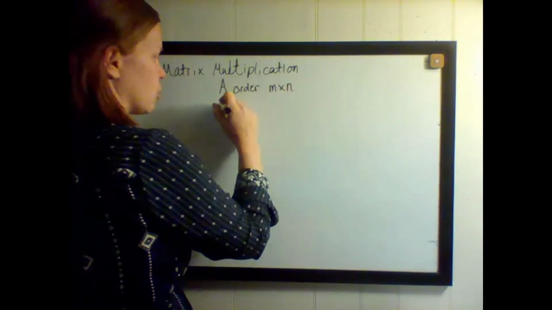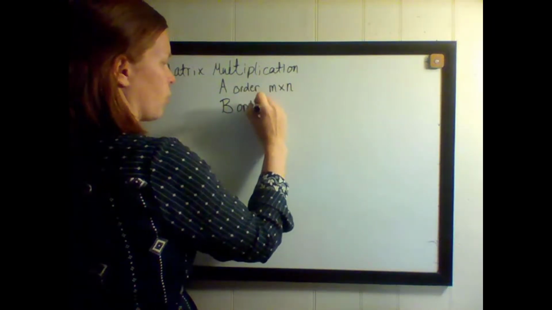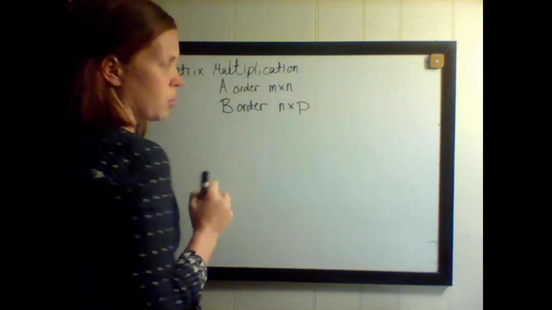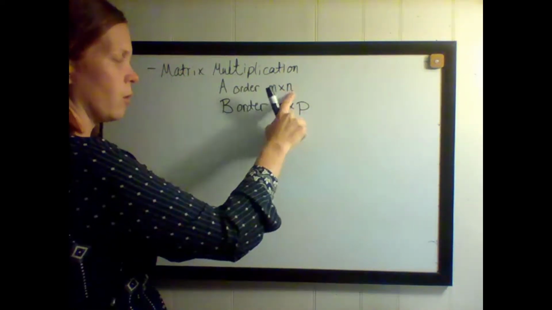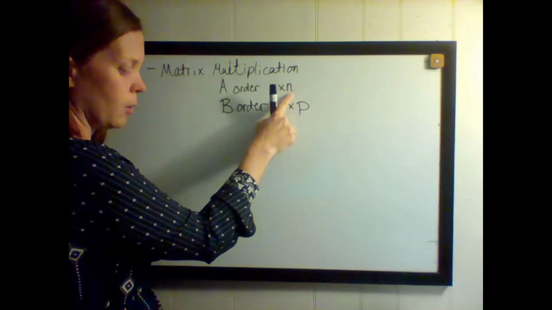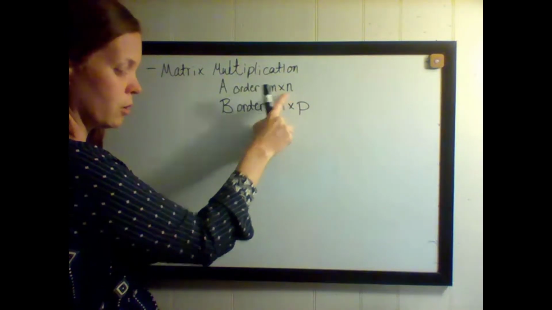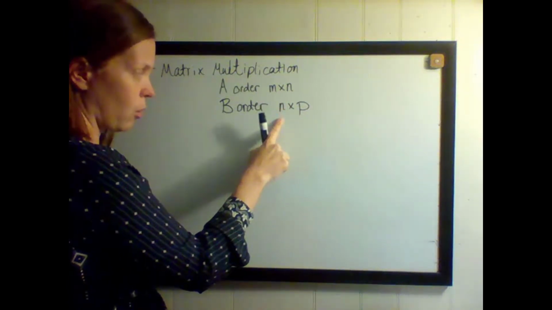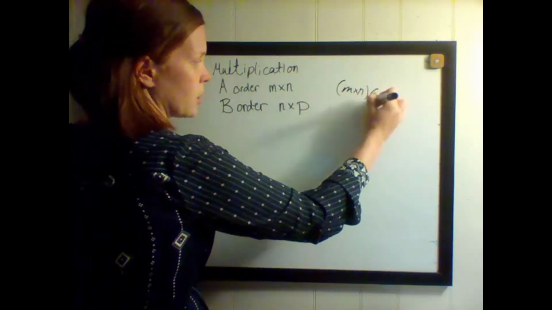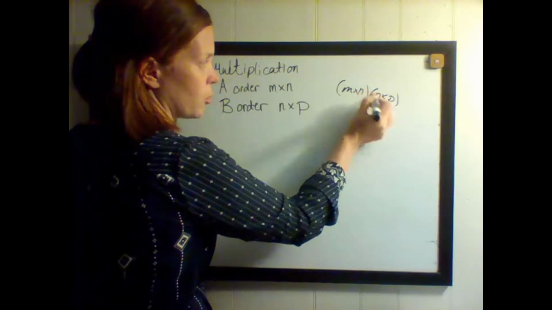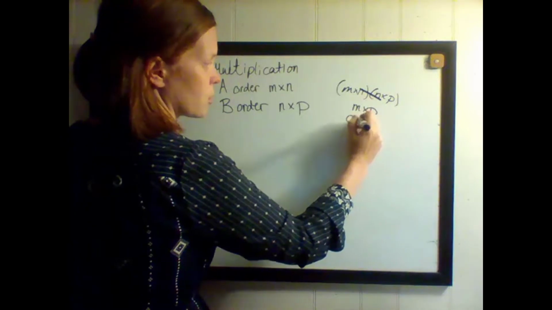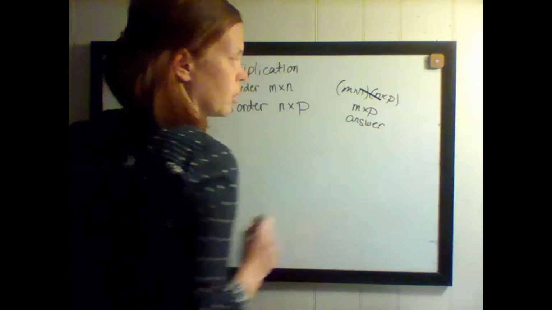One thing we need to make sure is that the order of B has to be n by some other value, we'll say p. Whatever the value of the columns in the first one needs to be equal to the rows in the second one. We can think of it like we're doing m by n times n by p. These need to merge together, and what we end up with is an m by p matrix. So our answer is going to be m by p.